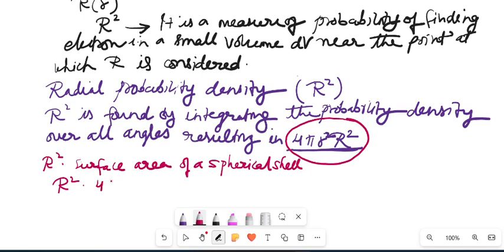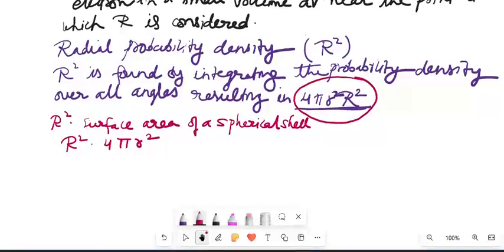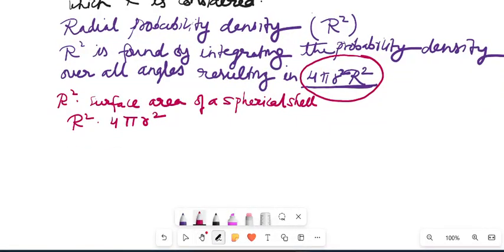The surface area of a spherical shell is 4 pi r square, so it comes out to be 4 pi r square into R square. So we will see how the probability density varies with r, the distance from the nucleus.